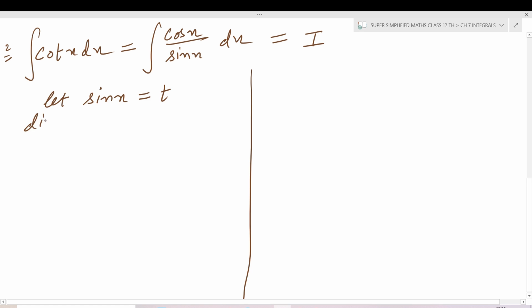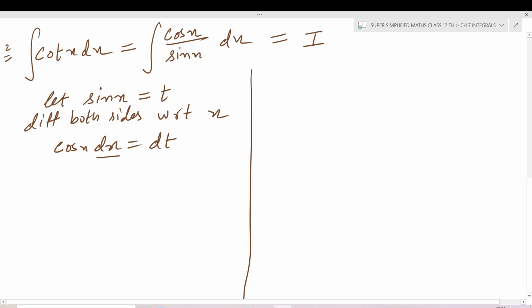After this, differentiating both sides with respect to x, we get cos x dx is equal to dt, because the derivative of t with respect to x is dt by dx, so that dx got cross multiplied with cos x.